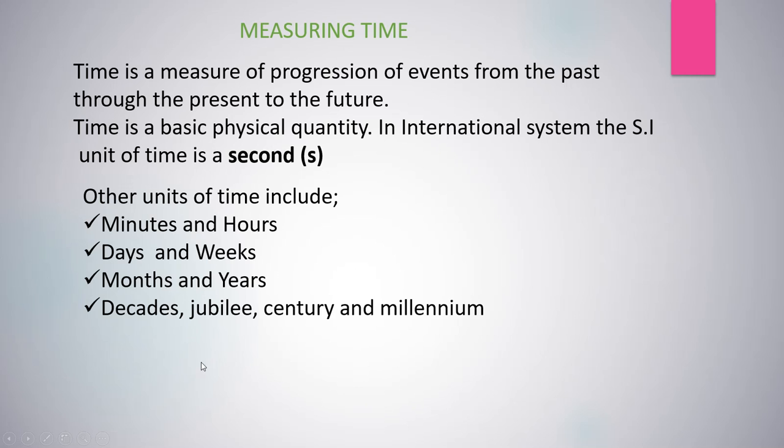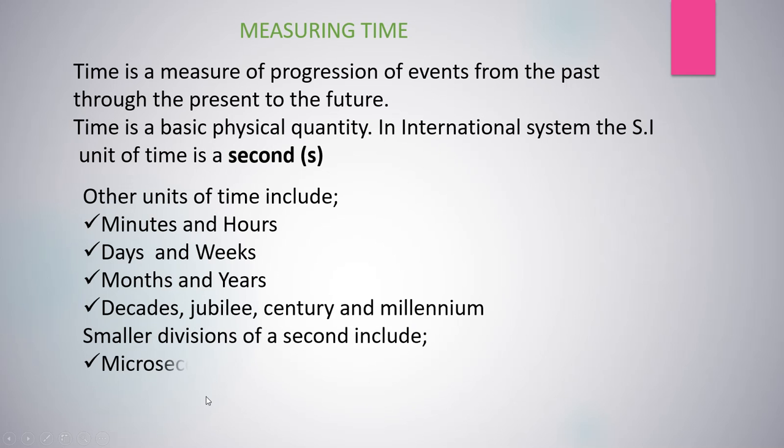And when you advance, you later see that time is also measured in terms of light years, which I have not put here, but that one is at an advanced level. But smaller divisions of a second include microseconds, milliseconds, all these are units of time.